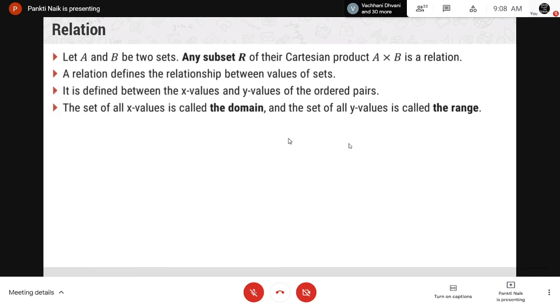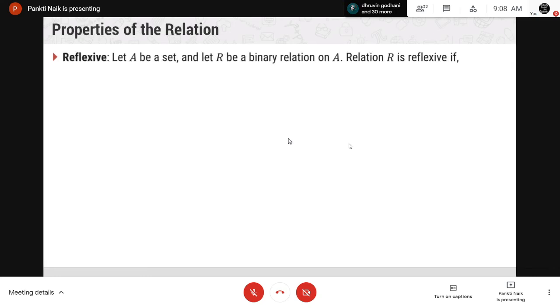Then we saw the relation, right? So definition of relation: the relation R is a collection for the set S which represents pairs of elements, right? Now we stopped here in the last lecture, right?